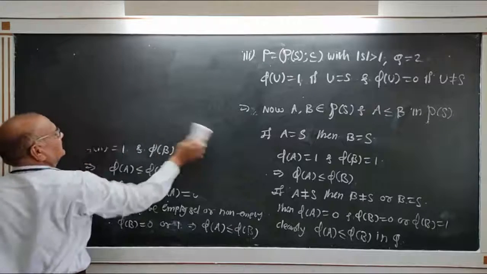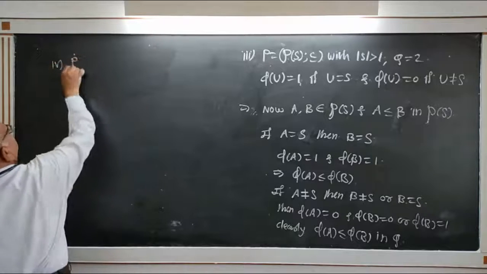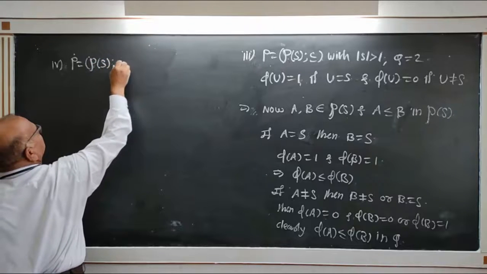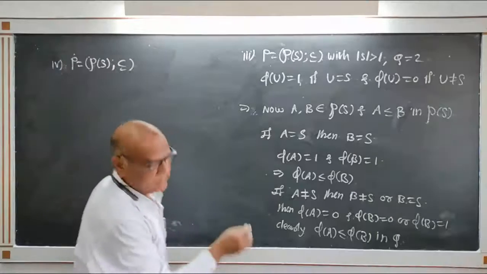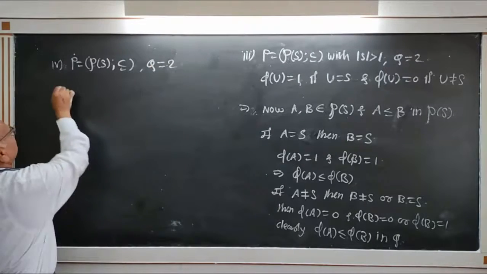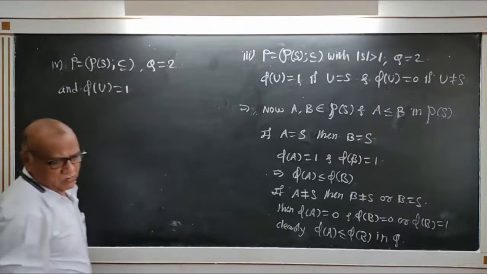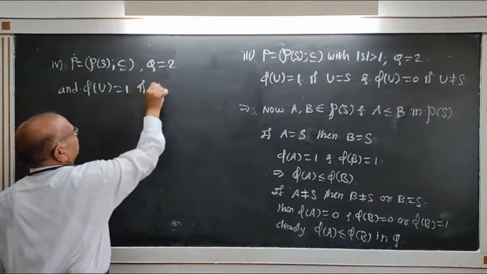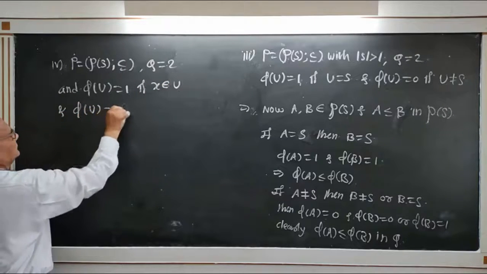Now, here the power set is a subset, and Q is equal to 2. Phi of U is equal to 1 if X belongs to U, and phi of U is equal to 0 otherwise.